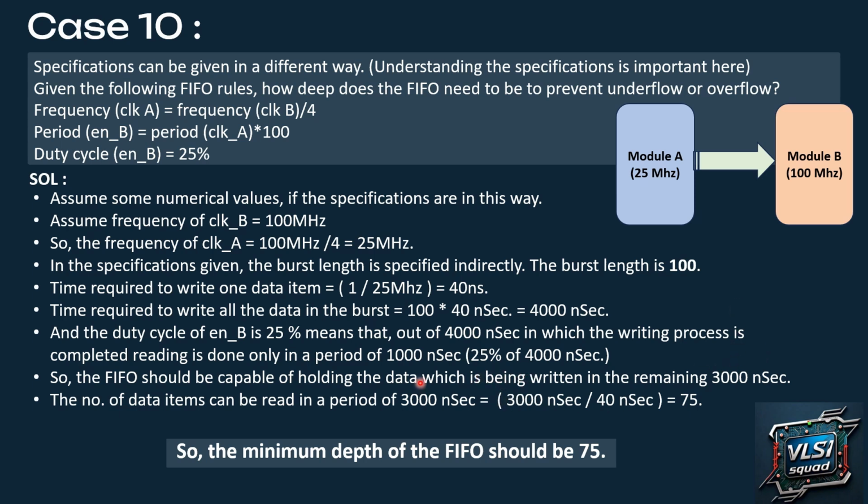So we have to calculate how many data items are written in the time when the reader is not reading. 3000 nanoseconds is not reading, and the time required to write one data item is 40 nanoseconds, so that is 75 data items. The reader is staying idle for 75% of the time. That means these 75 items are yet to be read by the reader. So this will be the size of the FIFO.